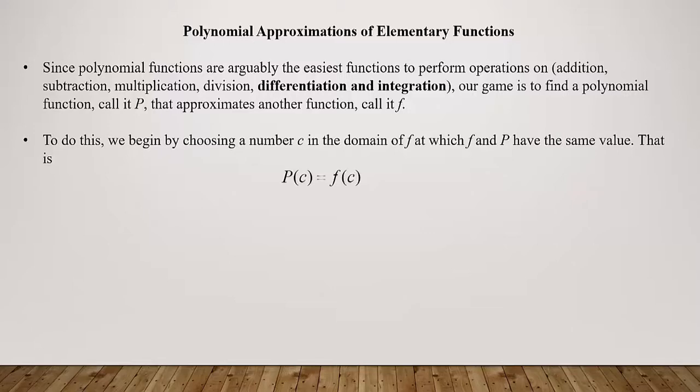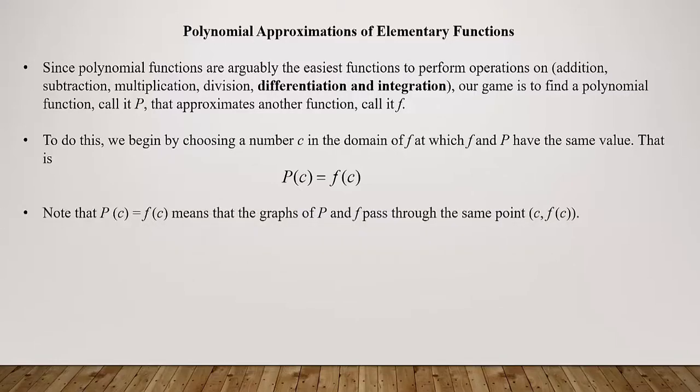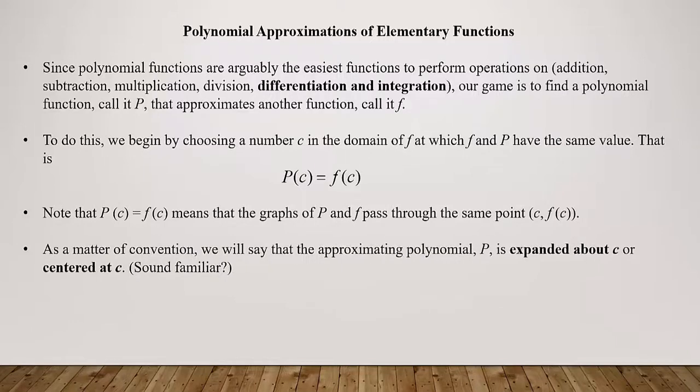That is, the polynomial evaluated at C is equal to the function evaluated at C. Note that this just means that the graphs of the polynomial and the function F pass through the same point, (C, f(C)). Now, as a matter of convention, we're going to say that the approximating polynomial P is expanded about C, or it's centered at C.